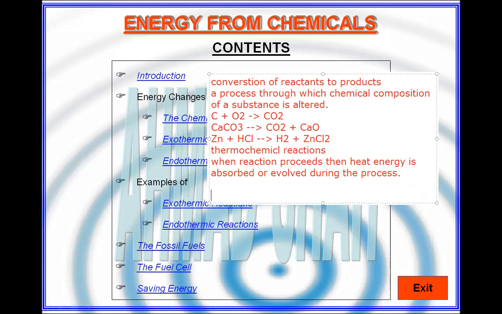For example, when carbon burns in the presence of air to produce carbon dioxide, heat and light are released. Similarly, hydrogen gas combined with chlorine gas forms HCl, and then heat is released.